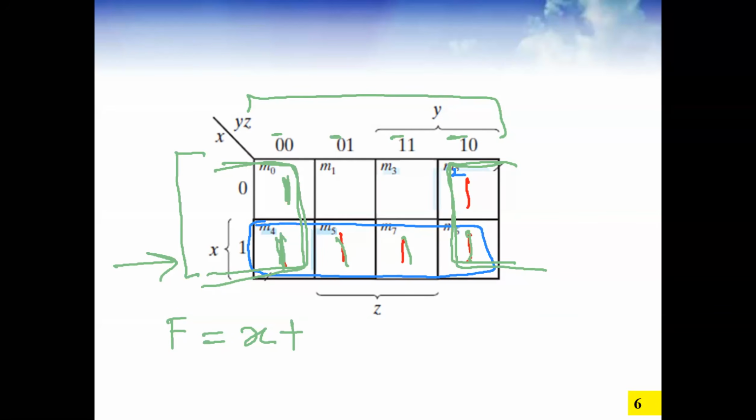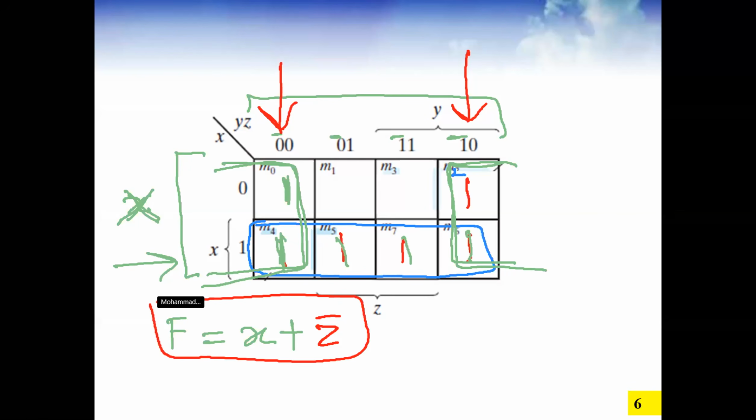But from the top, we can see something common to the first column and the last column corresponding to the green one, right? You will see that Z complement is common to both, correct? Yes. So this is my function.